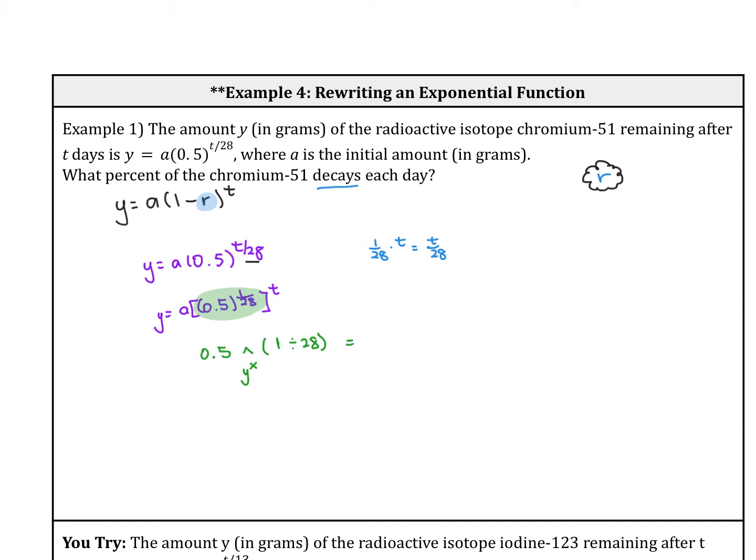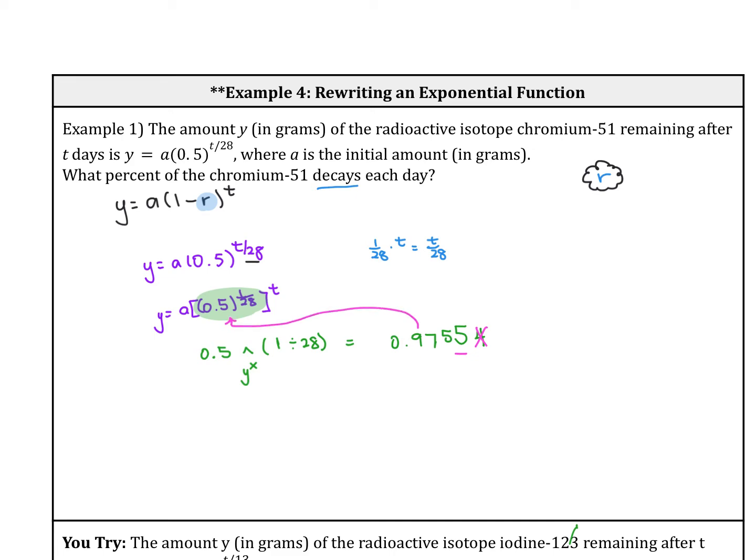When you plug that all in, you should get 0.97554, and we're only going to four decimal places, so we look one digit over, it's a 4, and we stop at 0.9755.